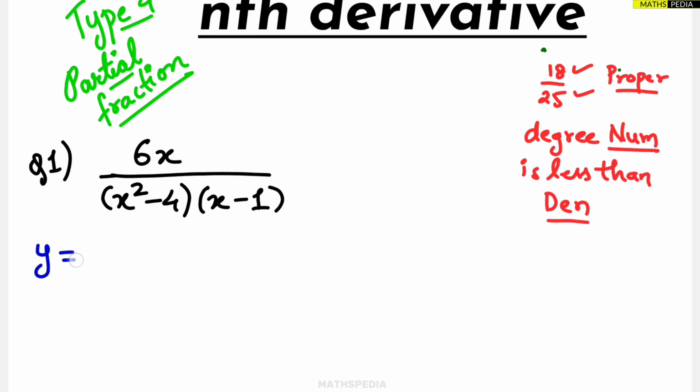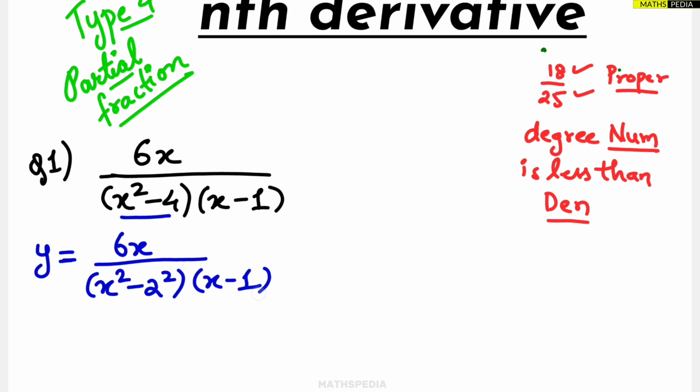So I'll name this function y, equal to 6x divided by the denominator part. If you observe, this x square minus 4 can be rewritten in which form? x square minus 2 square. So it will be 6x divided by x square minus 2 square into x minus 1. This x minus 1 is a linear factor.